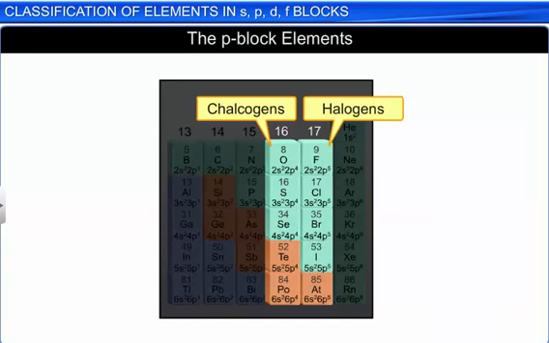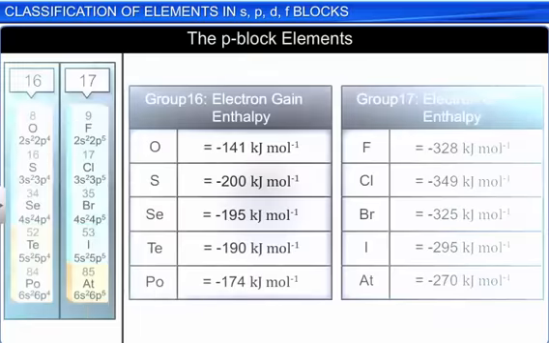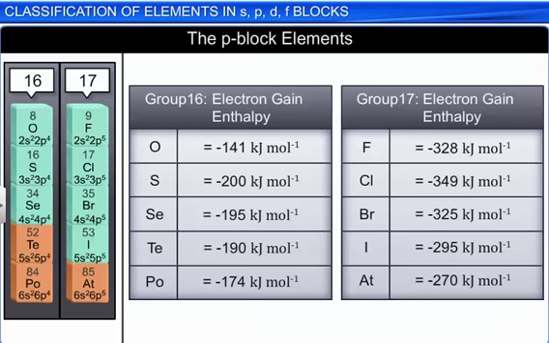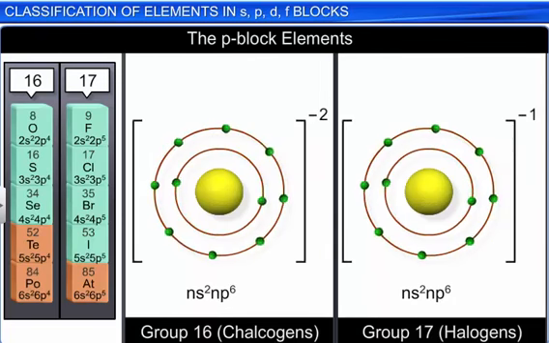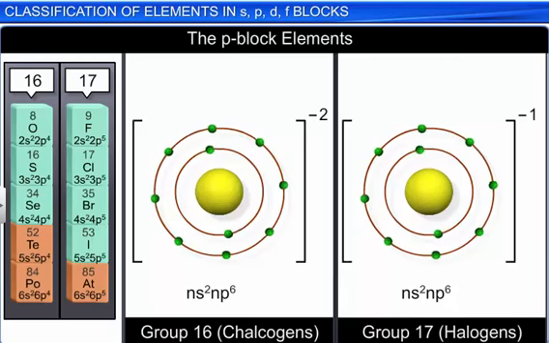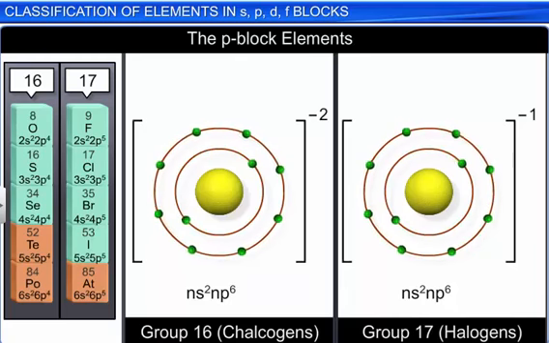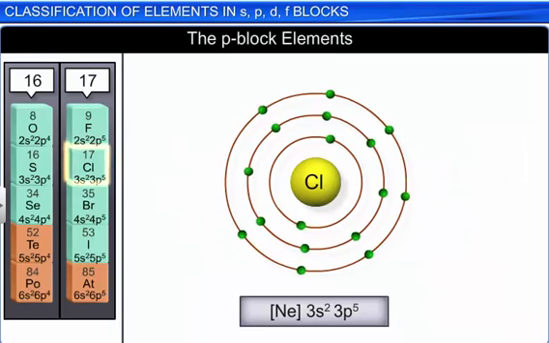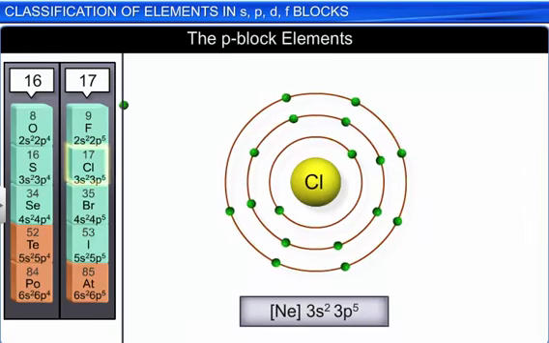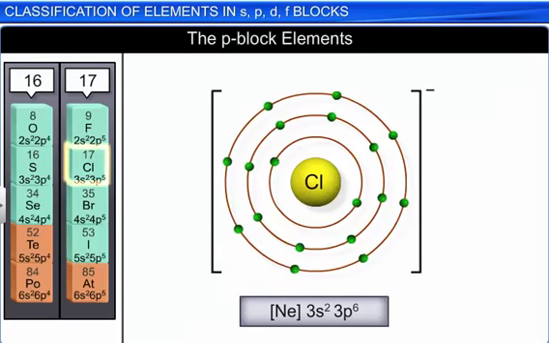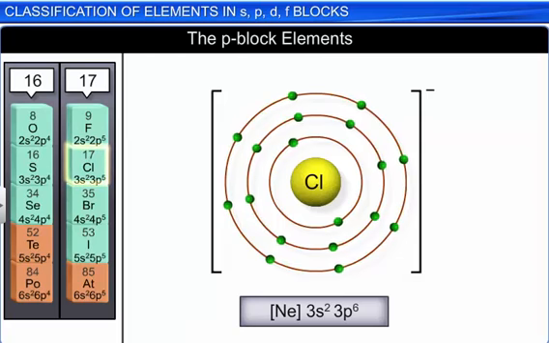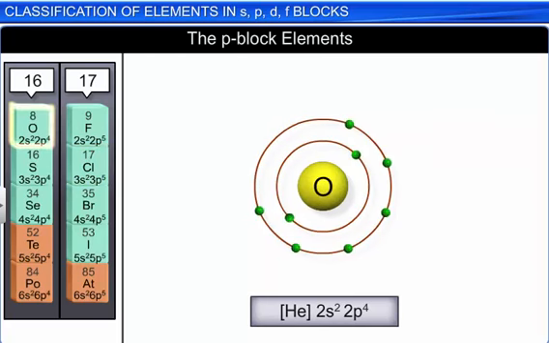The elements of these two groups have high negative electron gain enthalpies, and they readily gain 1 or 2 electrons to attain the stable noble gas electronic configuration, which is ns2 np6. For example, chlorine, belonging to the halogen family, readily accepts 1 electron to attain the nearest inert gas configuration of argon. On the other hand, oxygen belonging to the chalcogen family needs to accept 2 electrons to attain the inert gas configuration of neon.